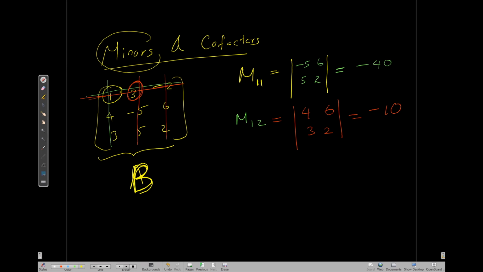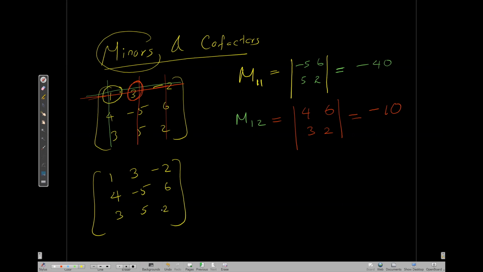Now let me write down this matrix again so it's much clearer: 4, negative 5, 6, 3, 5, 2. By the way, how many minors are there? For each element there is a minor, so there are 9 minors, because our matrix is 3 by 3.